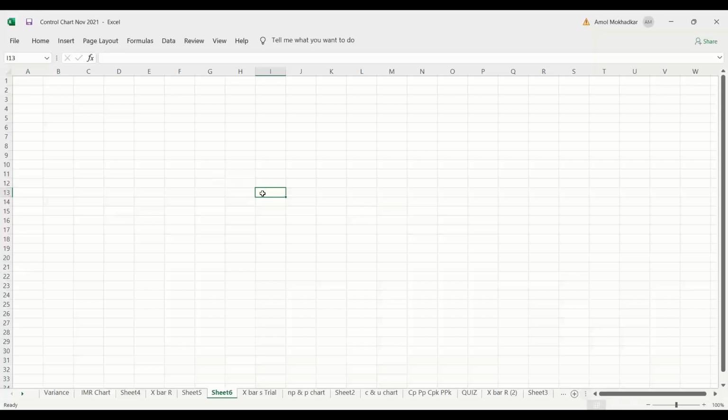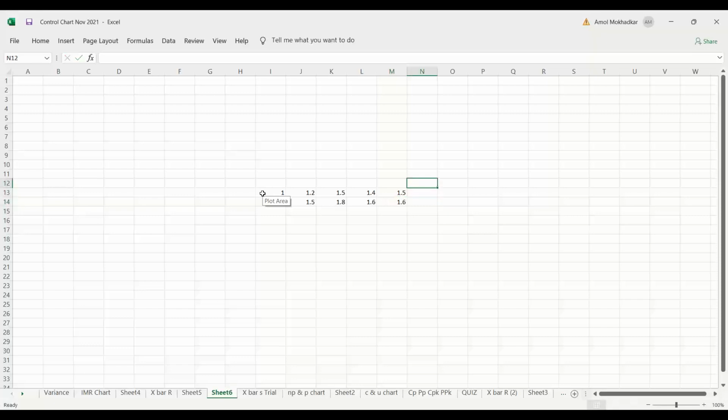So one data was 1, 1.2, 1.5, 1.4 and 1.5. I think it was a subgroup of 5. And another is 1.3, 1.5, 1.8, 1.6 and 1.6.